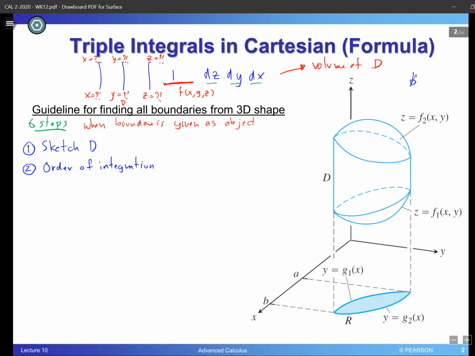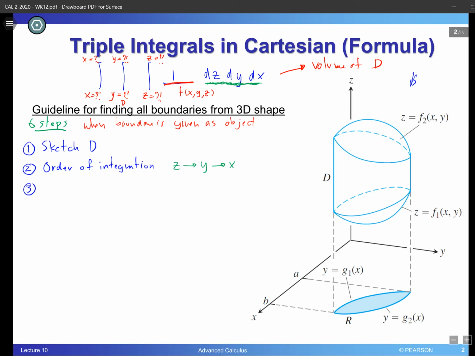So in this case, we have picked dz, dy, dx just to try it out. So here we have done it. So we have this z first, and then y later, and x for the last integration. So there you go. That is the second step. And we got it right here. You can try something else. It's not wrong.